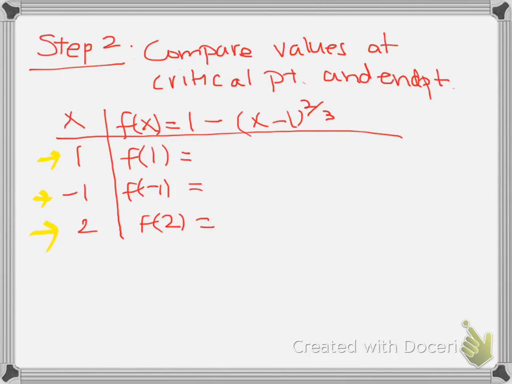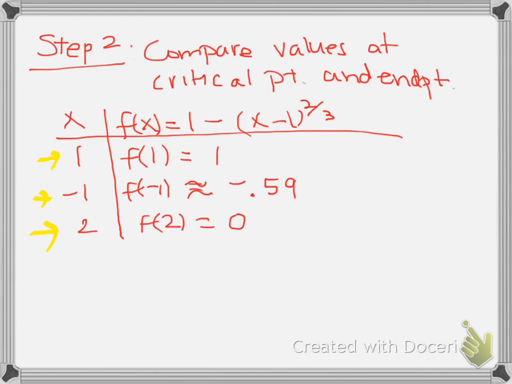Check to make sure you get, for our critical points, f of 1 was 1. F of -1 was sort of an approximation, about -0.59. And f of 2 gave us 0.